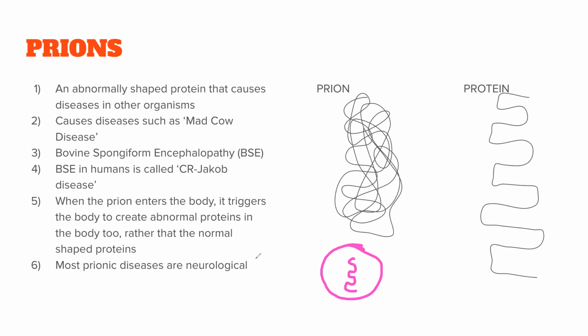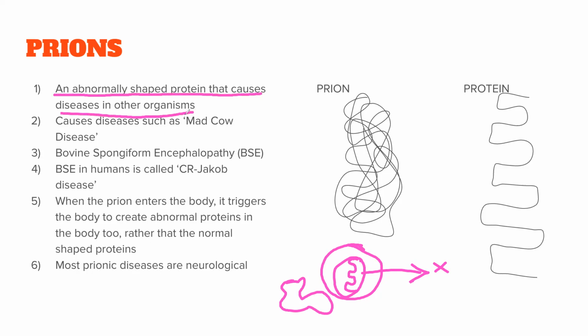It can be single-stranded DNA, single-stranded RNA, double-stranded DNA. The capsid layer which is there stays, but your RNA or whatever genetic material is there goes away. So you only have your leftover capsid layer. So that's only protein. It's an abnormally shaped protein that causes diseases in other organisms.